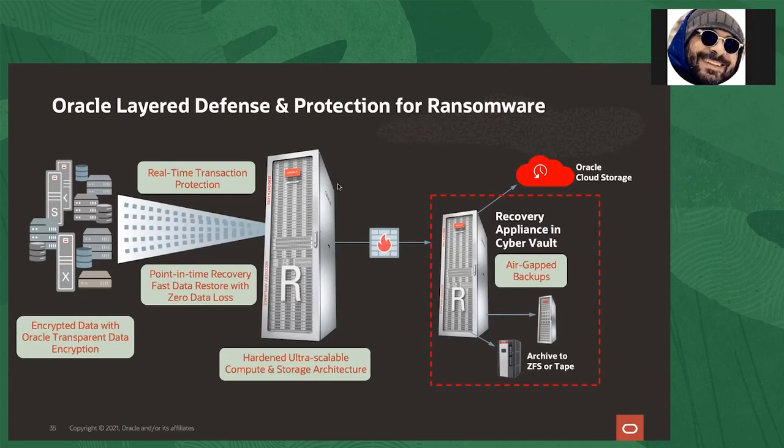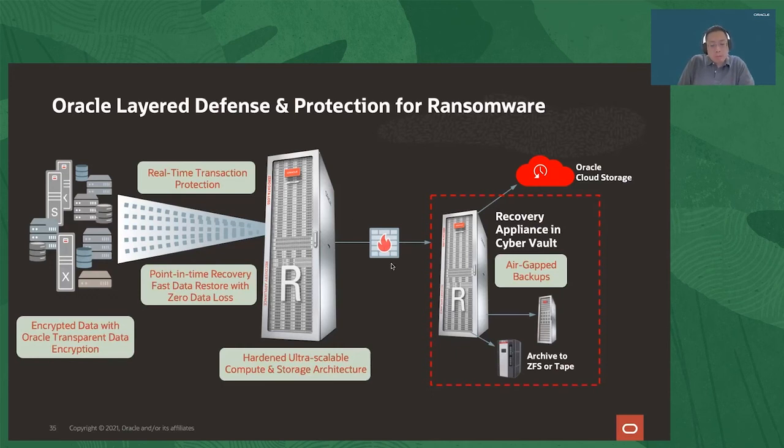The recovery appliance will pause replication when the firewall is closed and track any existing backups that are queued, if you will, for replication. When the firewall goes open, the administrator can then resume that replication. Again, incremental forever, and the backups get synced up on the cyber vault side.